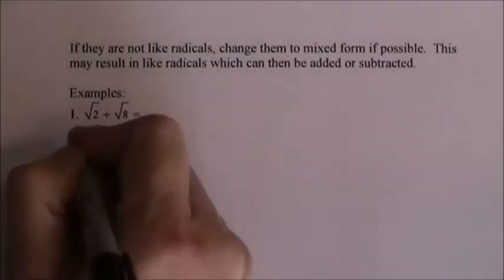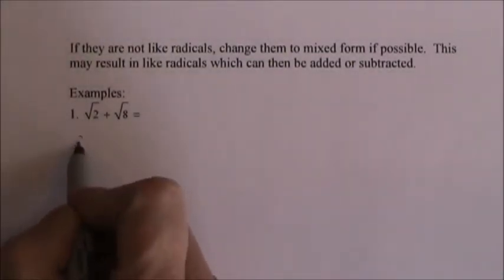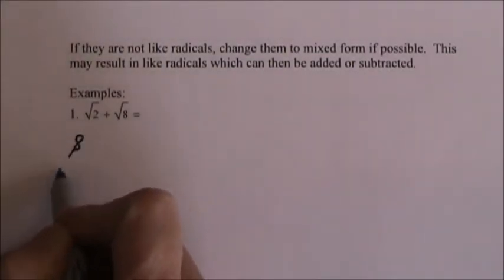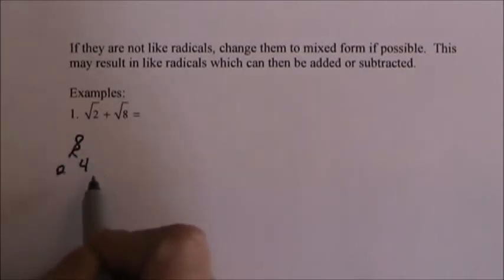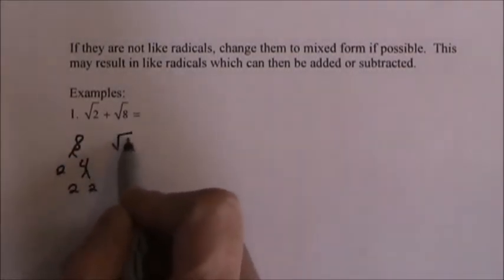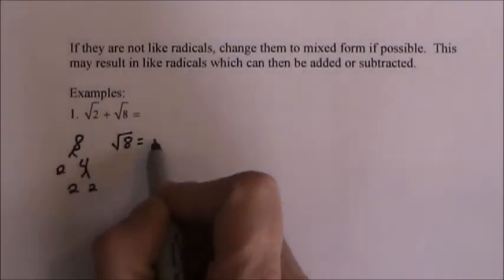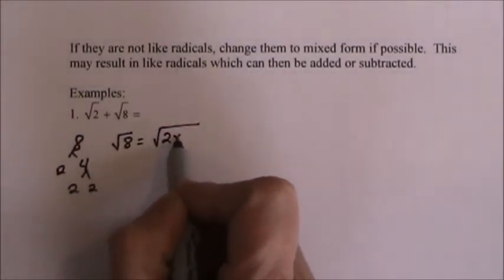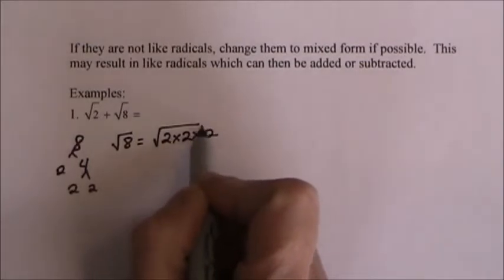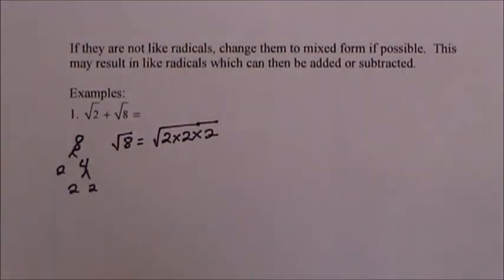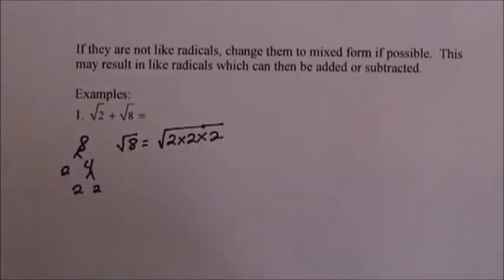However, 8 is a number that we can simplify, so if we do that, 8 factors are 2 times 4, and 4 is 2 times 2. So the square root of 8 can be written as 2 times 2 times 2 under the radical sign. Again, our index is 2, so we're looking for two numbers that are exactly the same.